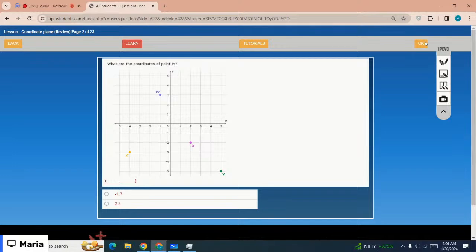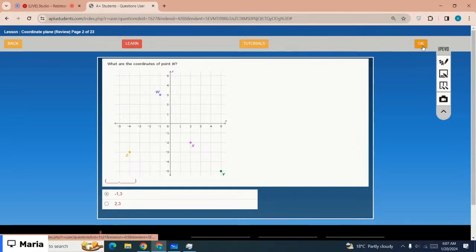Okay, the next one is, what are the coordinates of the W? Yes, here is W. The coordinates of the W are x is -1 and y is 3.